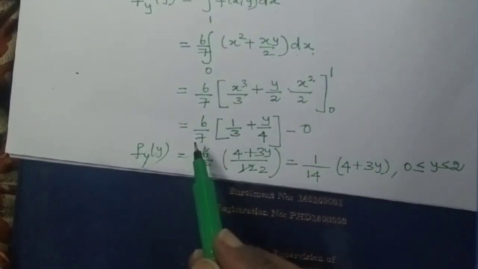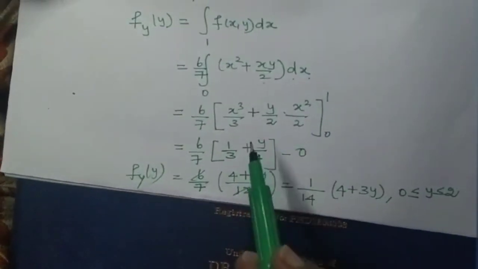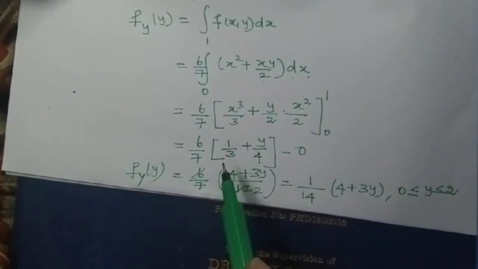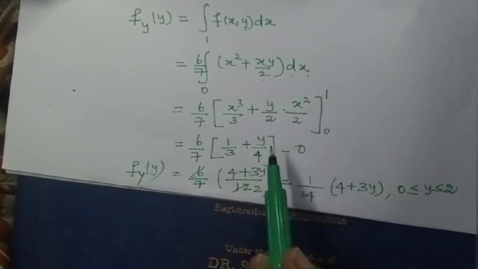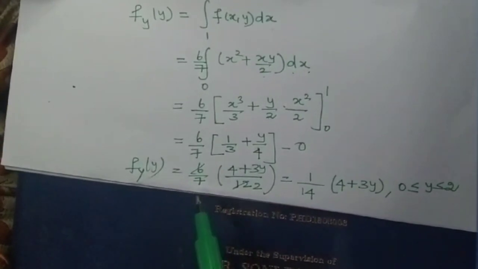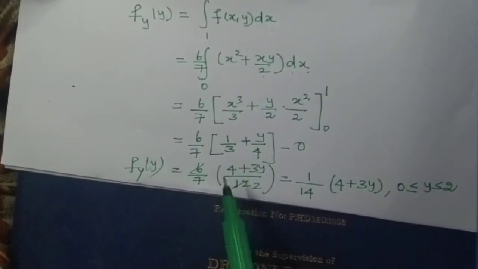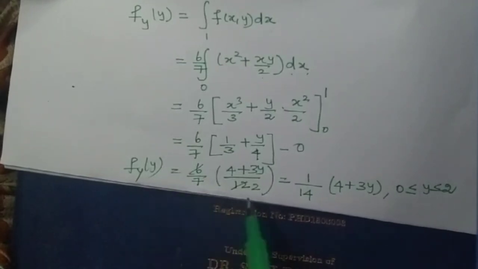So it is 6 by 7 into, substitute the upper limits for x. So when we substitute the upper limits, we get 1 by 3 plus y by 4 into 1 square is 1 minus the lower limit is 0. So it is 6 by 7 into, taking 12 as LCM, we get 4 plus 3y by 12. 6 and 12, it goes 2 times.